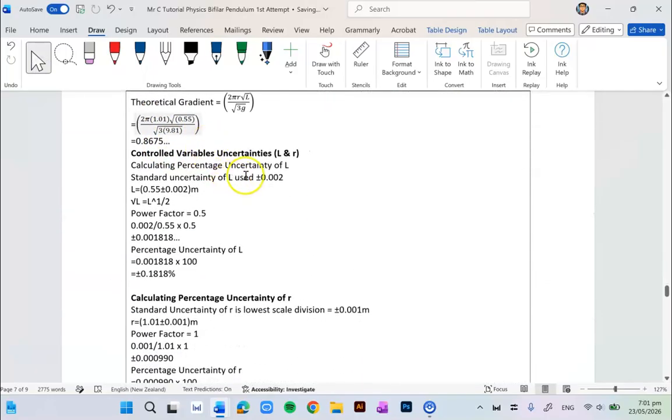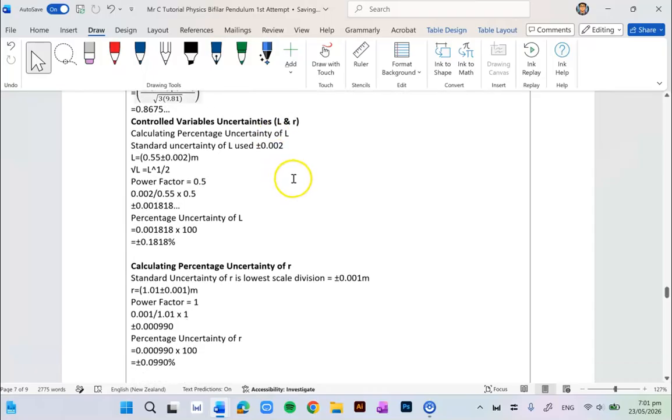Now a really bad mistake which some people made is that they got confused between percentage uncertainties and absolute uncertainties. Now remember, a percentage uncertainty is basically just the absolute uncertainty multiplied by 100, right? So some people thought they found the absolute uncertainty when they had actually got the percentage uncertainty. So please don't get confused.